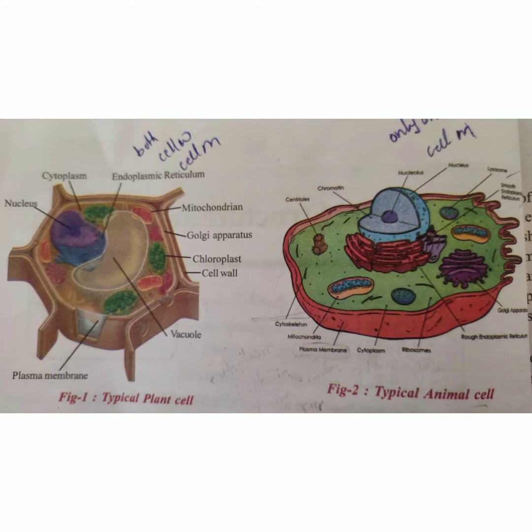Root cells do not have chloroplasts, but mostly we find chloroplasts in green leaves and tender stem. Tender stem means green stem. A typical cell is a generalized cell diagram of a plant cell or animal cell. Now let us discuss a typical plant cell and animal cell.